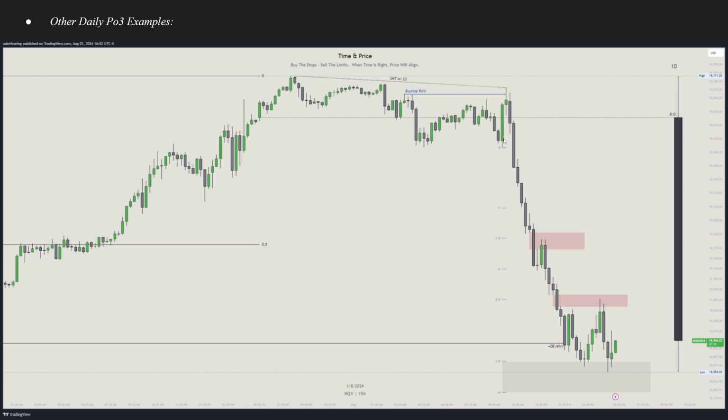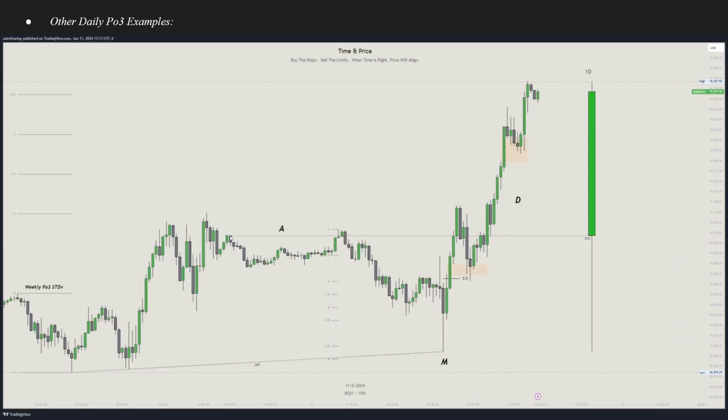Actually, in this example, I probably should have showed something else, but in this example, we did not retrace into the immediate 15-minute SIBI. Nonetheless, utilizing standard deviation, retracement off -2 into 15-minute SIBI, down to 3.5 higher time frame PD array, march around liquidity.